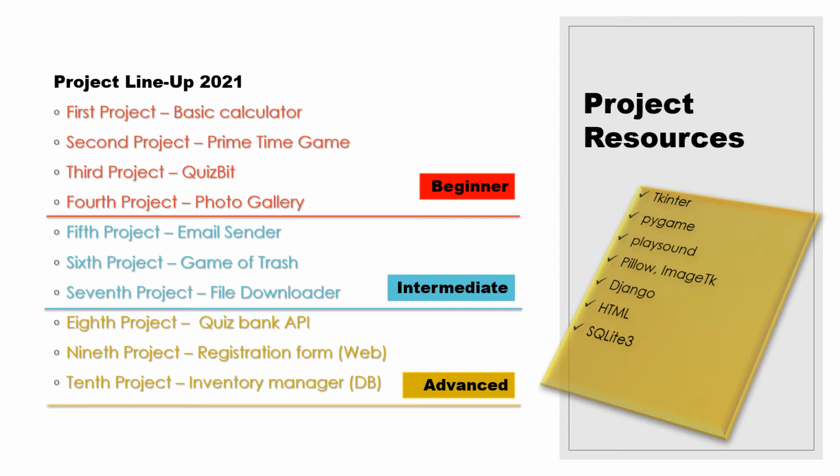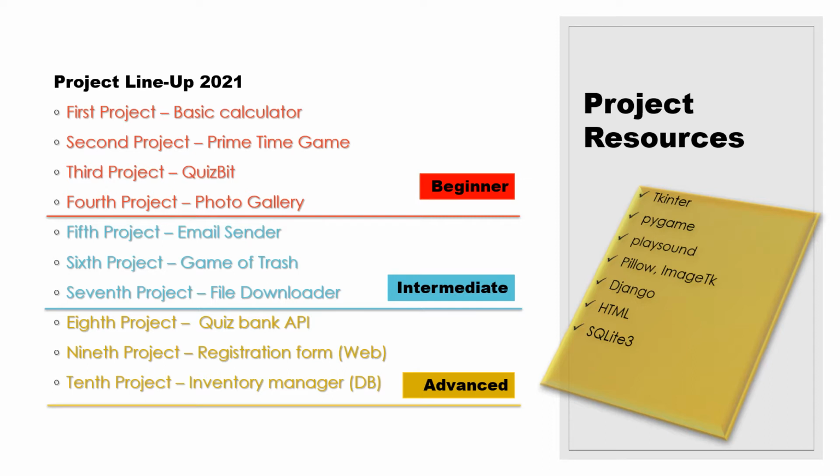In the fifth project, you'll do an email sender, so you'll be able to send emails. And the sixth project is a game of trash. Seventh project is a file downloader, so you'll be able to do some file management there. And then the eighth project is a quiz bank API, which is application programming interface, and we'll talk more about that.